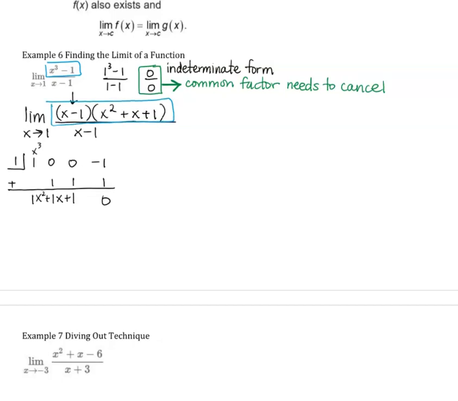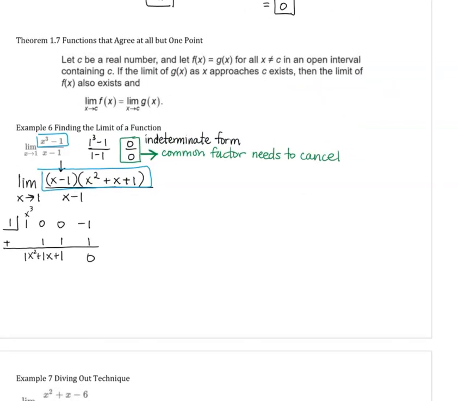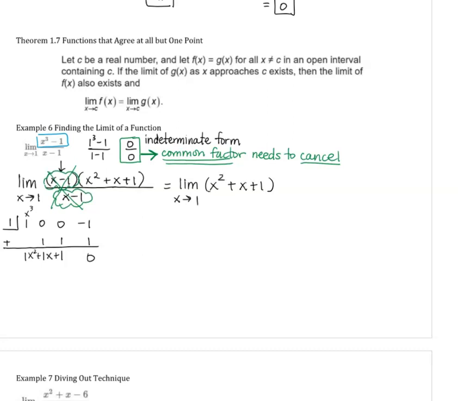Okay, so we have this rewritten now, and clearly enough, we are able to see that common factor of x minus 1 that we are now able to cancel. And with that common factor canceled, we are simply left with the limit as x approaches 1 of that quadratic, x squared plus x plus 1.